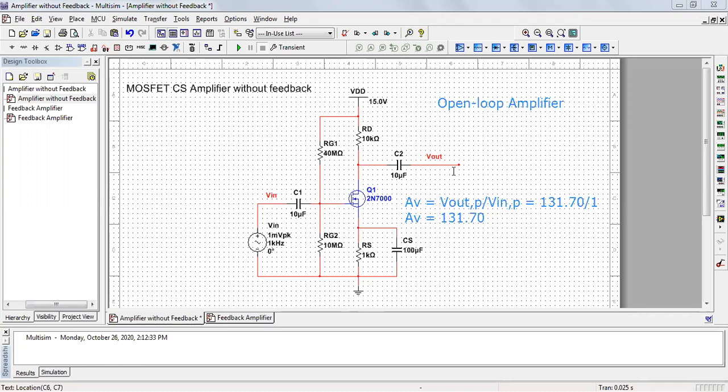Clear? So V out will get distorted. You will get clipping of the V out signal. That we call saturation. The amplifier gets saturated. So that's the reason we don't use an amplifier in open loop configuration. Clear? Because of the very large gain, V out will get saturated.